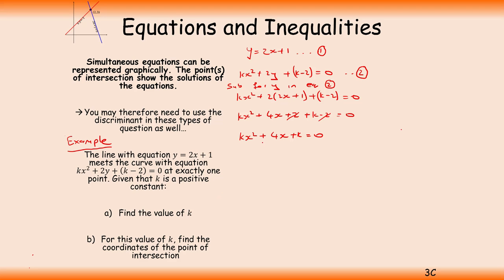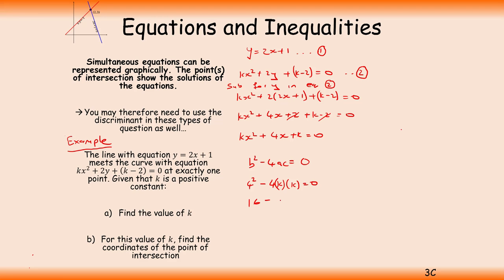Now I know it's got one solution where they intersect. So that means that b squared minus 4ac is going to be equal to 0. b is 4, so I've got 4 squared minus 4, a is k, and also c is k. 4k times k is equal to 0.